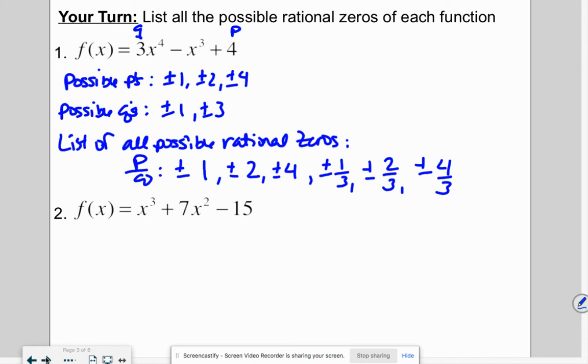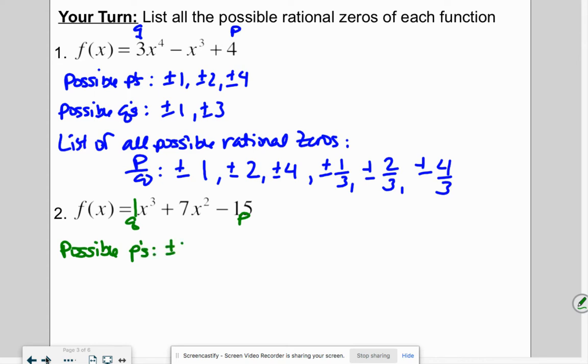All right. And then number 2, do the same thing. So this is p and this is q. 1 is q. All right. So this one's a little easier because you're basically using the second theorem, the integral zero theorem, because the leading coefficient is 1. So possible p's are all the factors of 15.